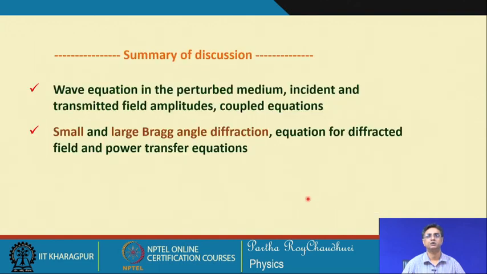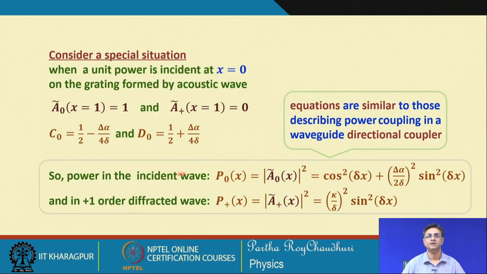For minus order also we can have a similar set of equations, but this one that we have discussed is the small Bragg angle diffraction, where we assume that the light is travelling almost perpendicular, almost normal to the direction of the acoustic wave, and the consequence is a periodic variation of the power.